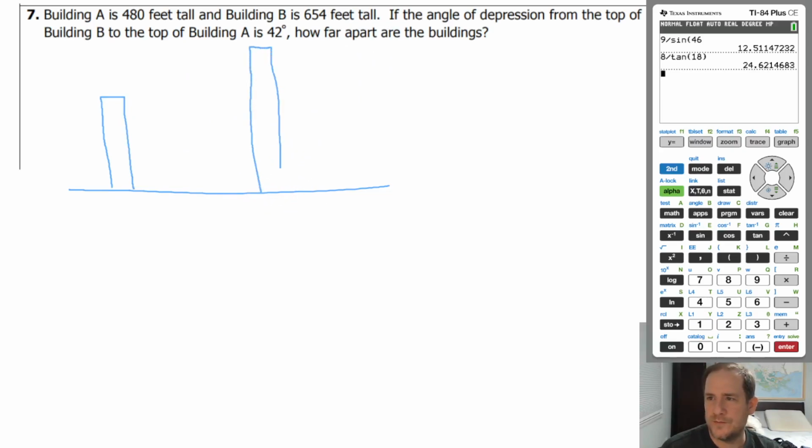The angle of depression from the top of building B to the top of building A. So we're going from top to top. And they said angle of depression. So angle of depression means I should have made a nice horizontal line like this, and then my angle should have rotated down from there, giving us 42.